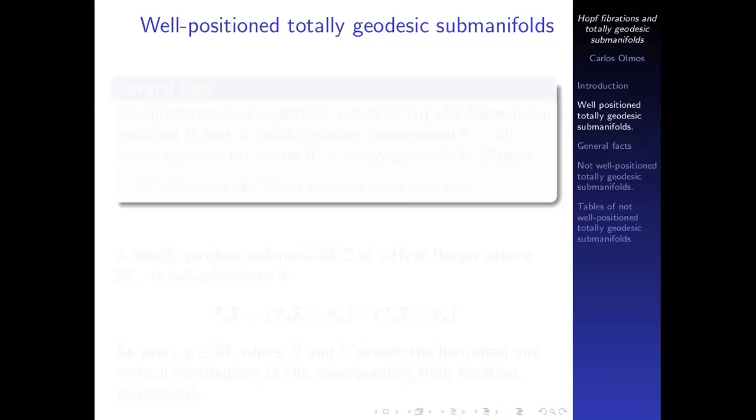Standard ones are intersections of the totally geodesic submanifolds of the ambient space containing the center. This only appears when the geodesic sphere, the geodesic ball, excuse me, is not convex anymore. Then those surprising examples appear.